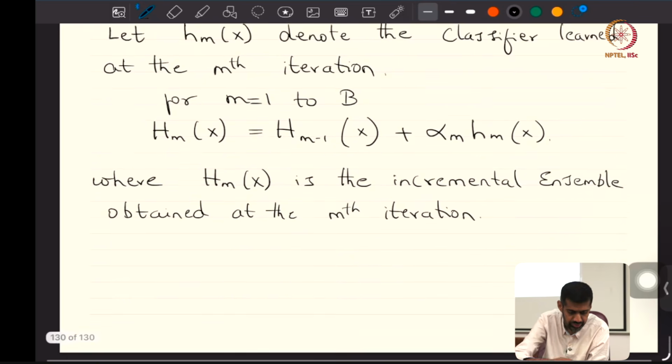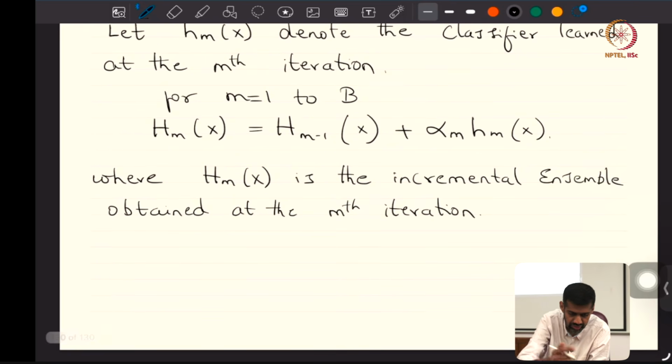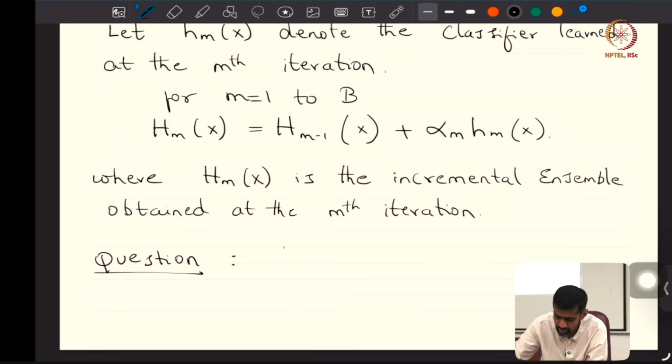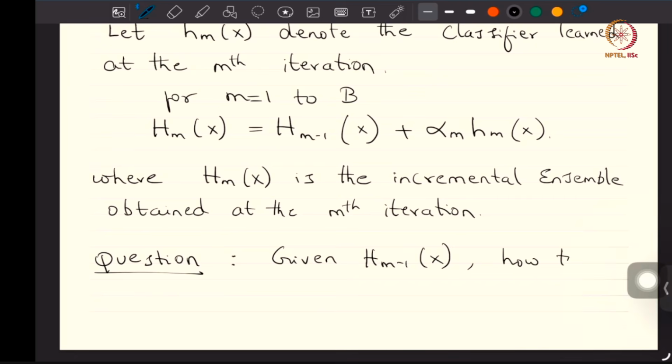Now, the question in boosting: given H_{m-1}(x), how to train h_m(x) so that the loss is reduced.